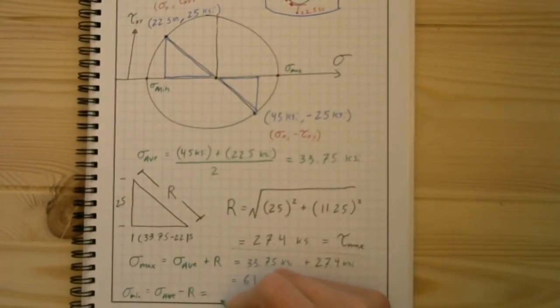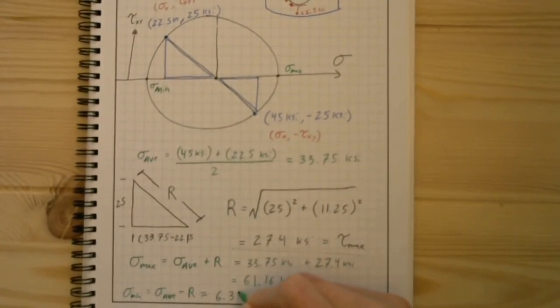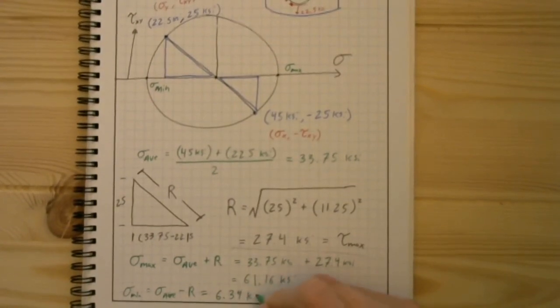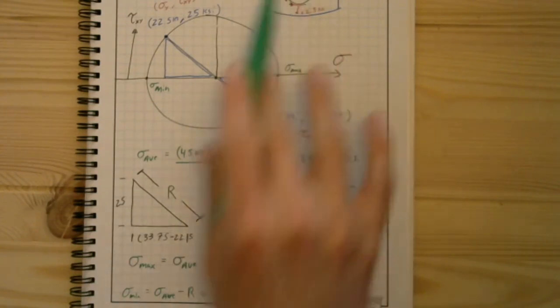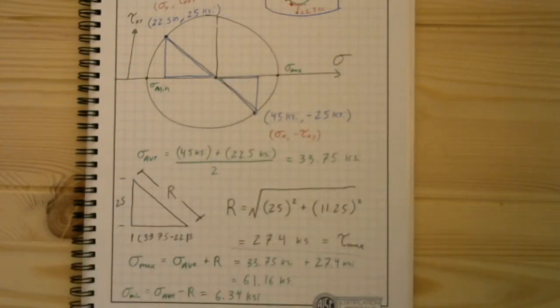And that is going to equal 6.34 ksi. Okay, so there's our principal stresses from our normal stress of this problem. Let's move on because now there's going to be an eccentric load applied.